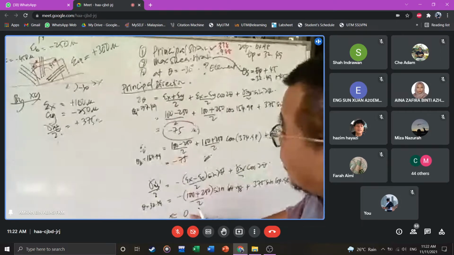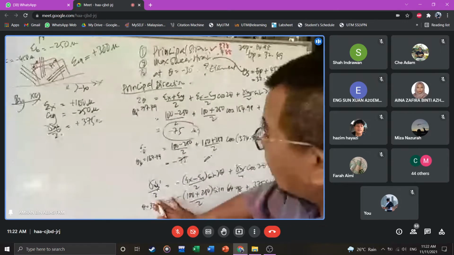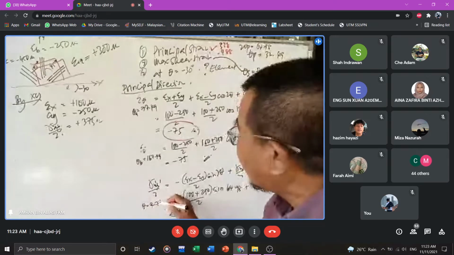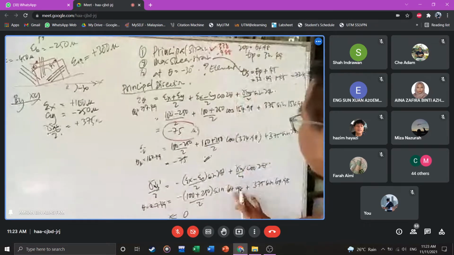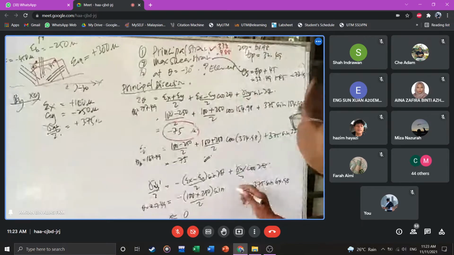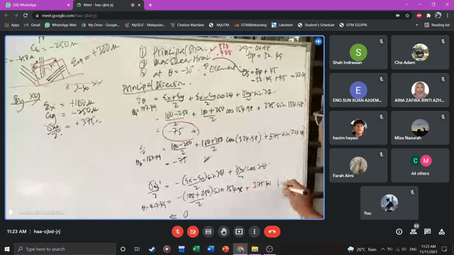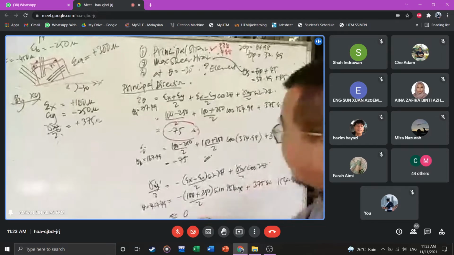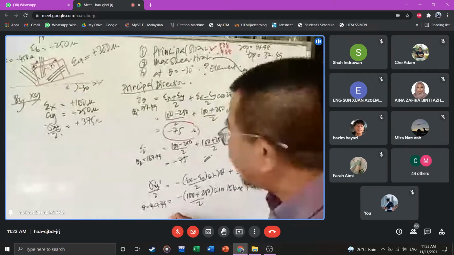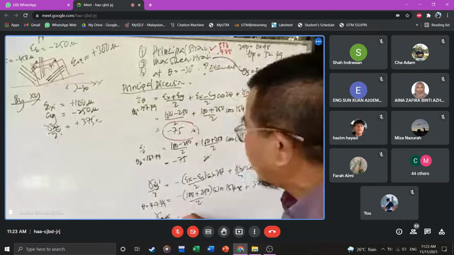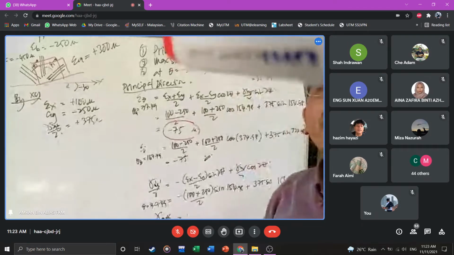The important one is this one. So put back the angle there. 77.49. So the double of the angle is 154.98. So what is the value there? This is the maximum. This is gamma maximum over 2.